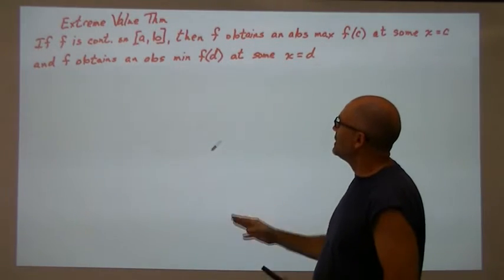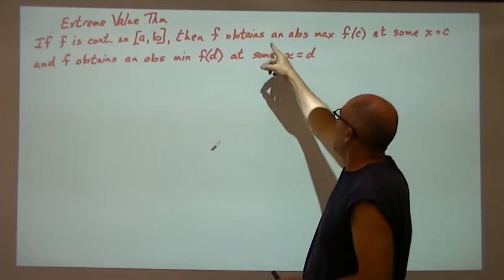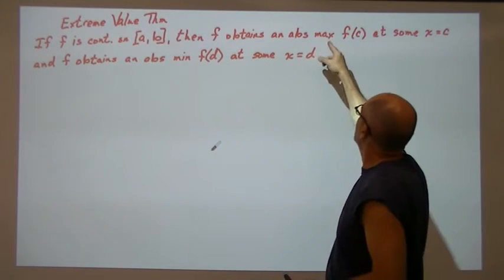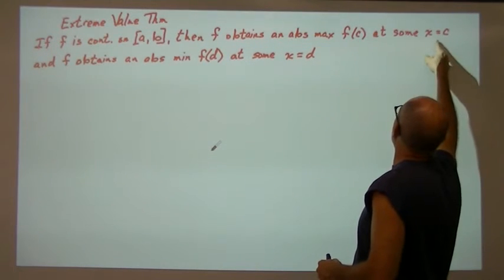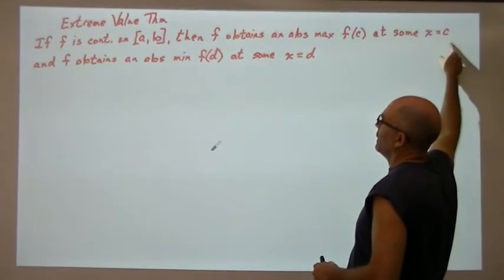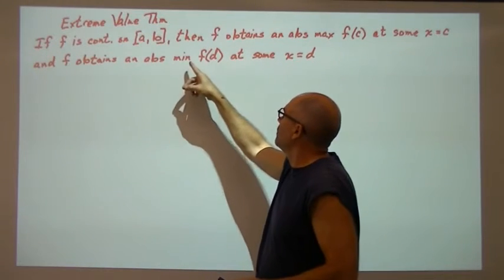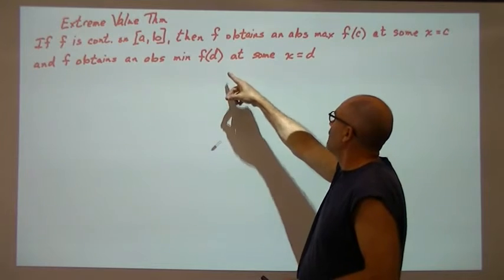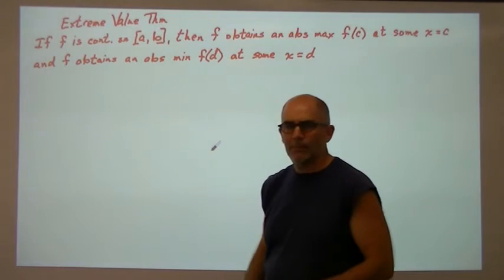So f is continuous from one point to another, then f obtains an absolute max, f of c, at some x value c, and it obtains an absolute min, f of d, at some x value d.